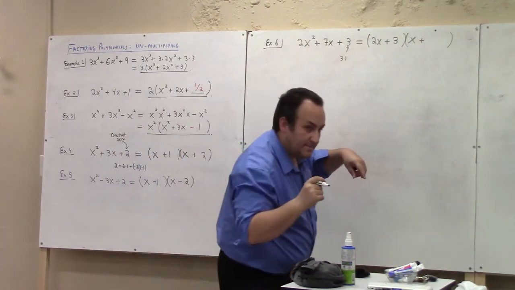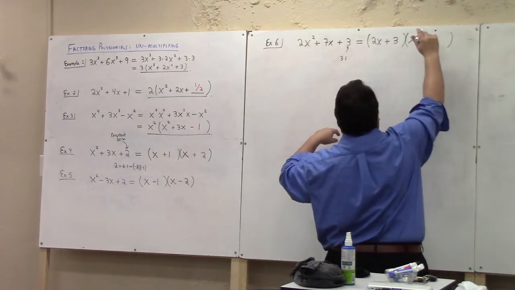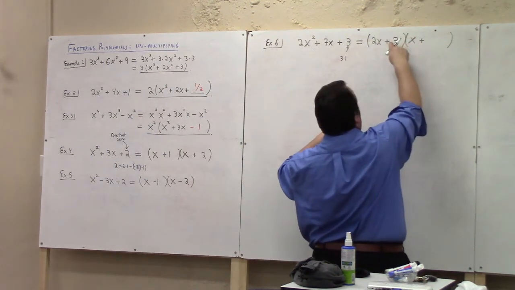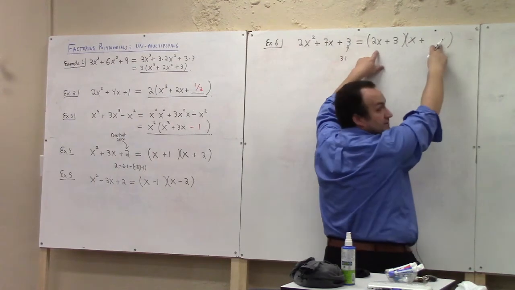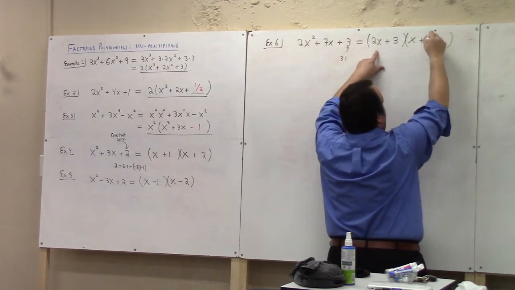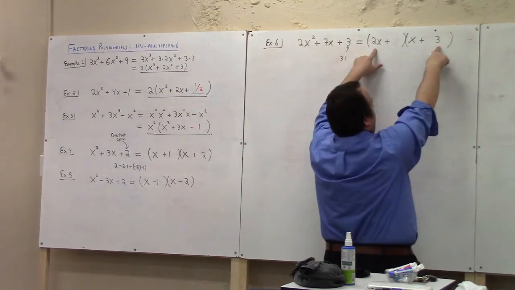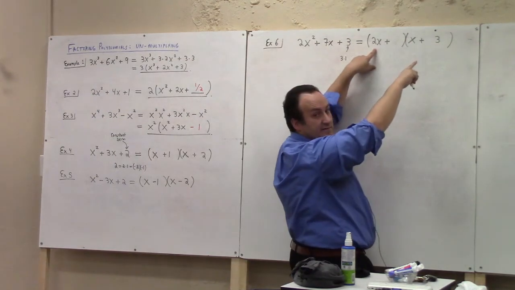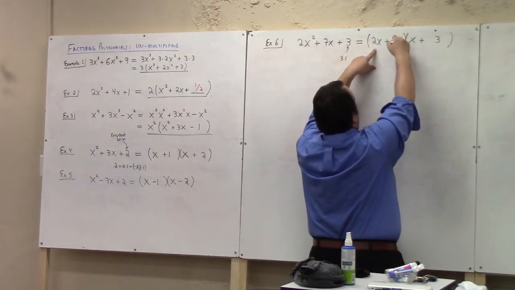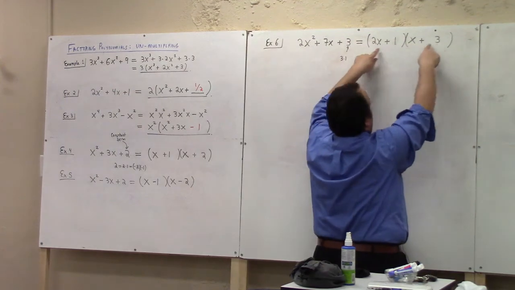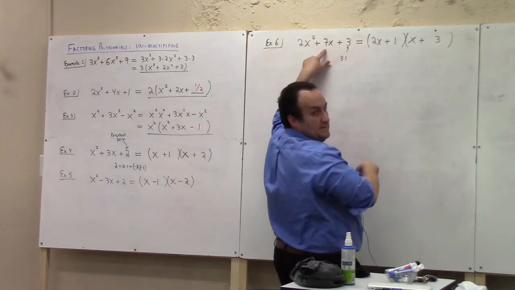So what I'm trying to say is I shouldn't put the 3 here. You should put it over here. If I put it over here, then I get this times that, which gives me 6x. And if I put the 1 here, I get 1x plus 6, which is 7.